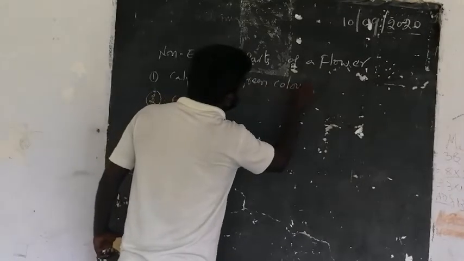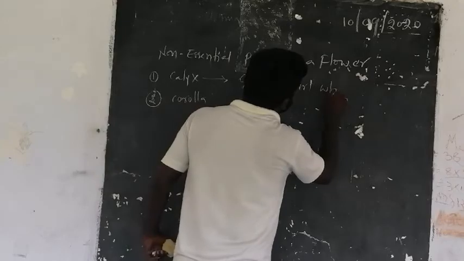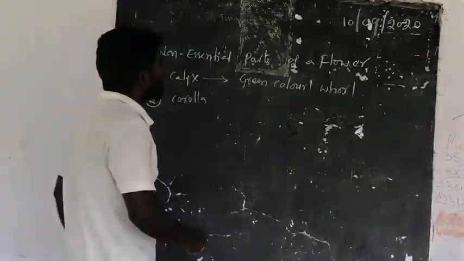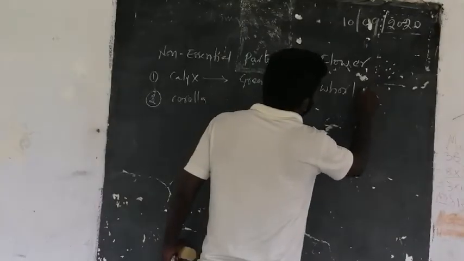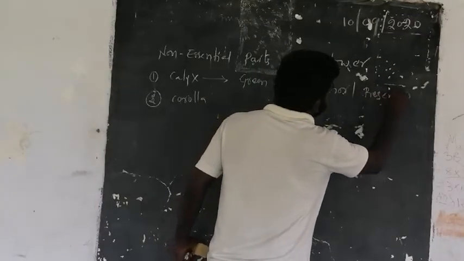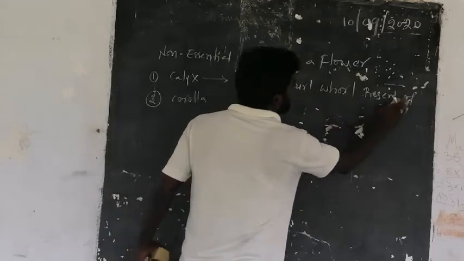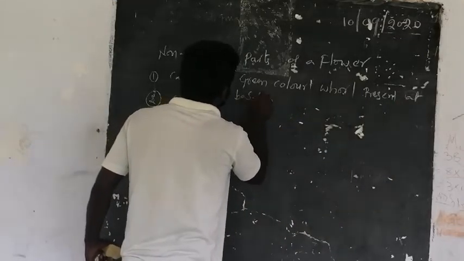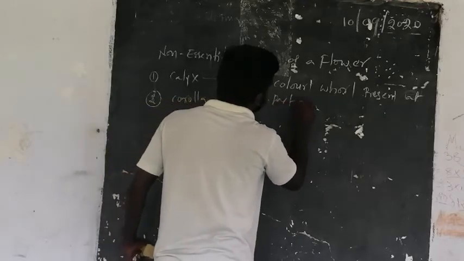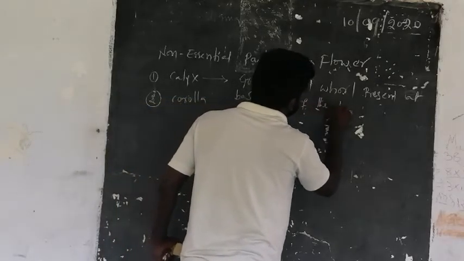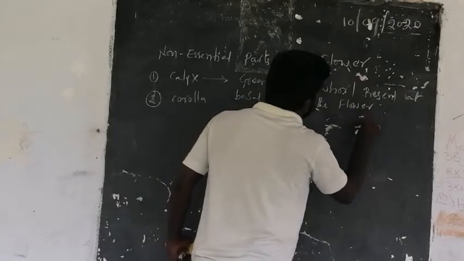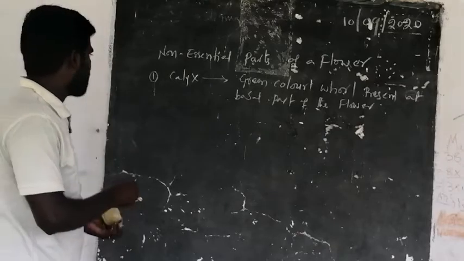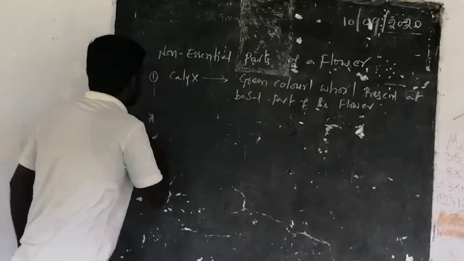Whorl means a ring, a green colored whorl present at the basal part of the flower, and it is responsible for the protection of the flower, which protects the other floral parts.